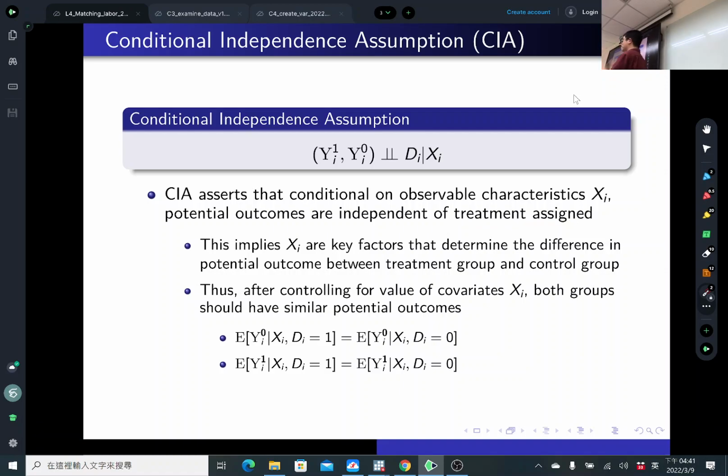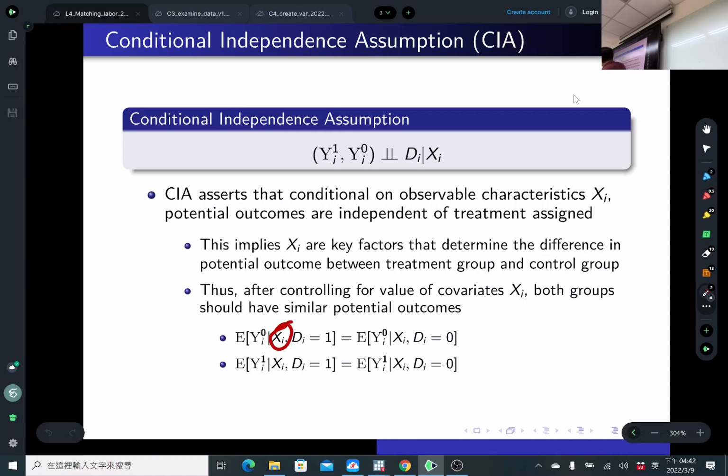This implies that X, for example age, is a key factor that determines the potential outcome difference between treatment groups and control groups. After you control for age, so the treatment group and control group have the same age, their potential outcome on average will be the same.